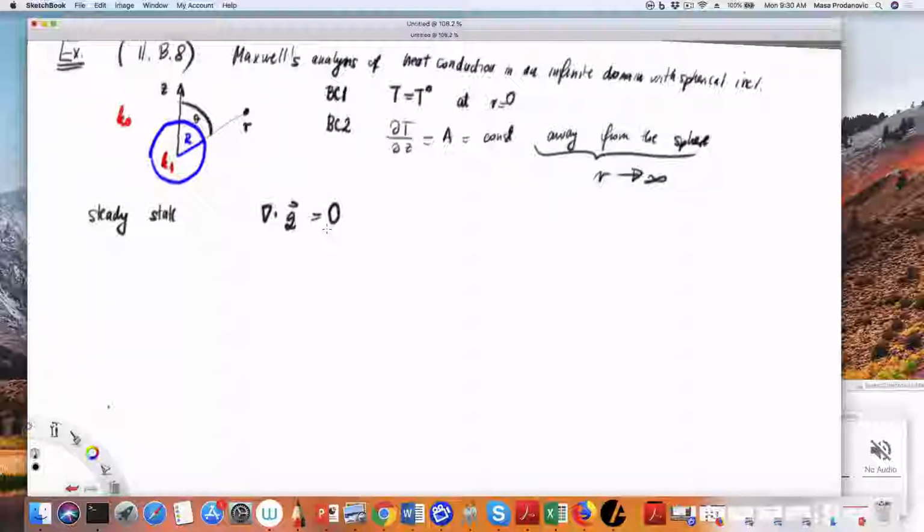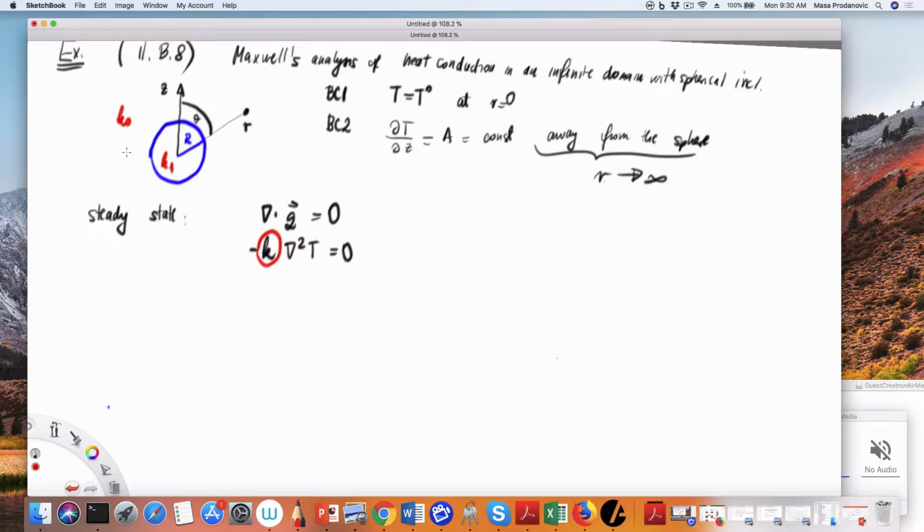And as mentioned previously, that means the Laplacian of T is equal to, well, negative of it, but now one thing that is important to note is that this k is different in different materials.